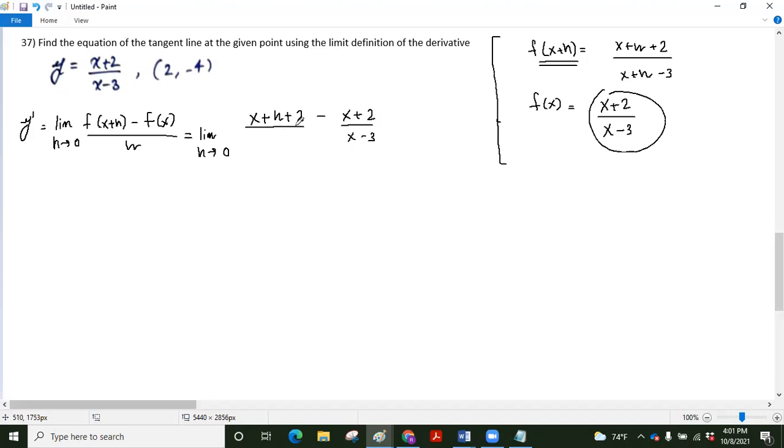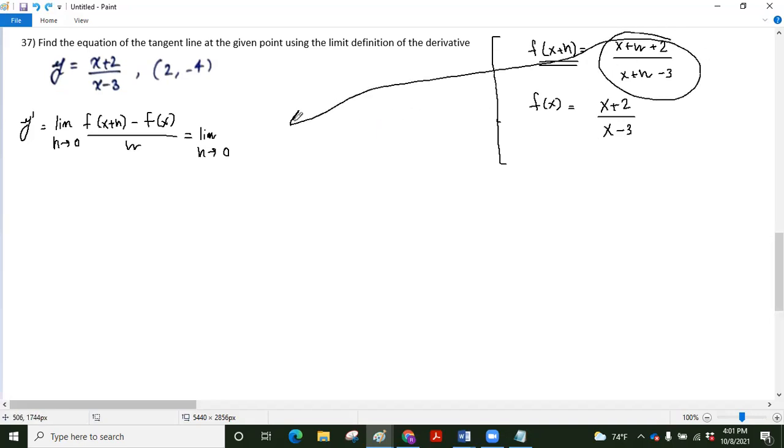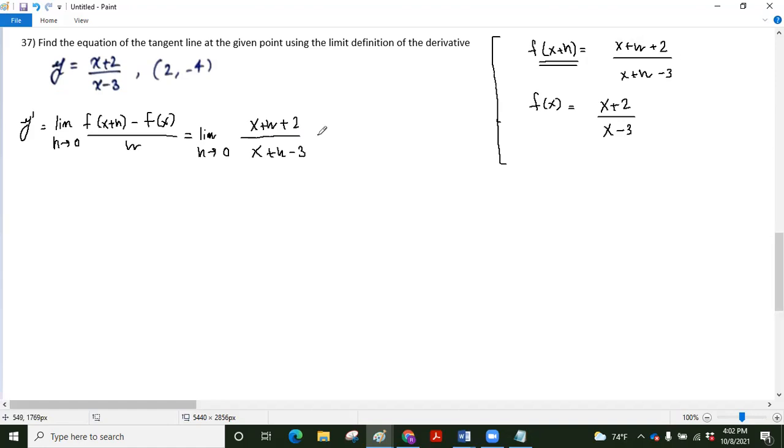We're essentially taking this and putting it as f of x plus h. So that's x plus h plus 2 over x plus h minus 3 subtracted from f of x, which is x plus 2 over x minus 3, all over h. Or we can say multiplied by 1 over h.